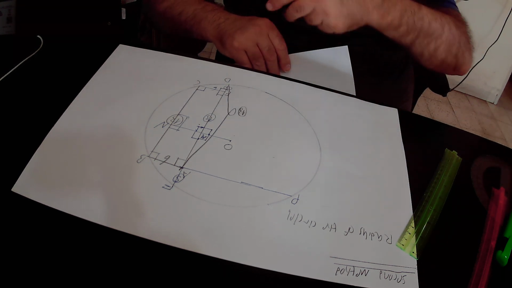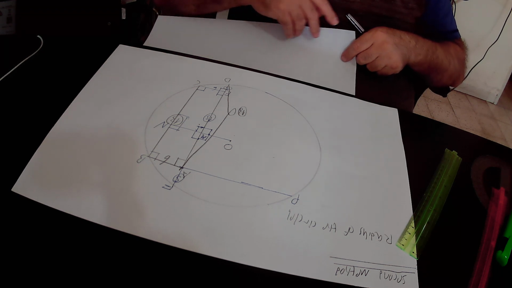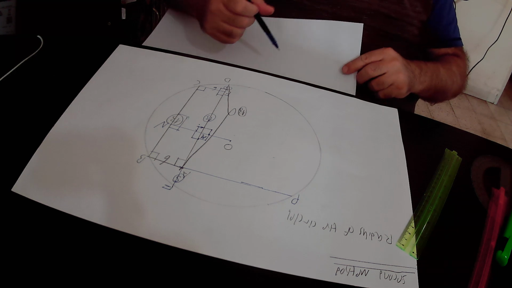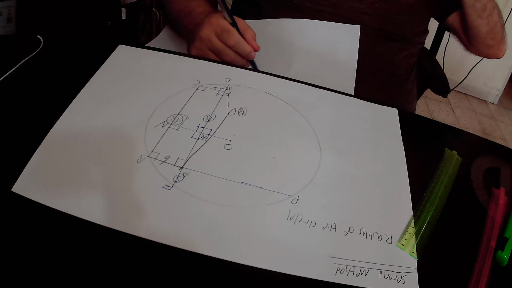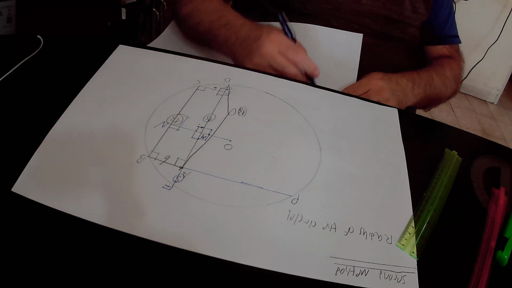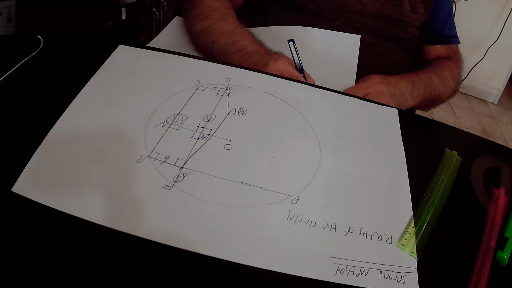So as I mentioned, we can implement here the old rule number 2, because we have two chords that intersect with each other.